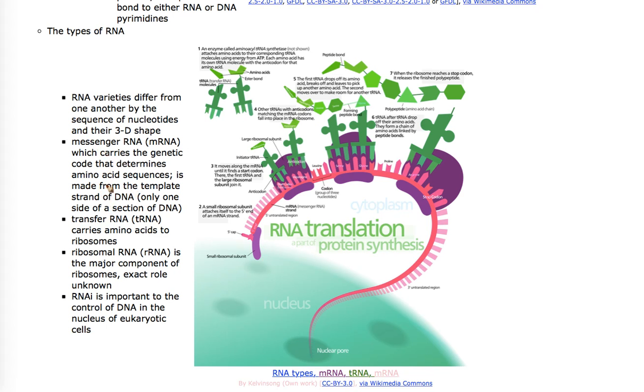Messenger RNA, though, is only part of the picture of protein production. Transfer RNAs, unlike messenger RNA, which is ribbony linear, like you saw in the last graphic, are not linear.